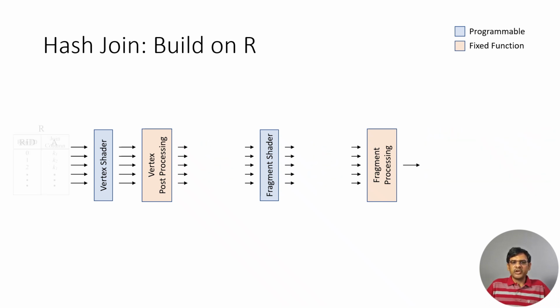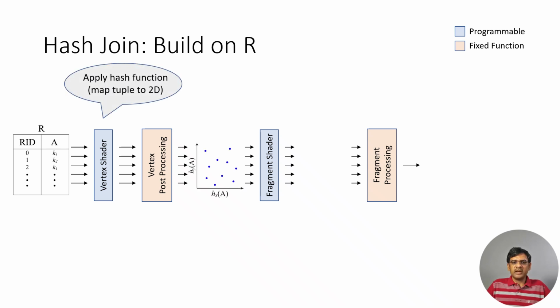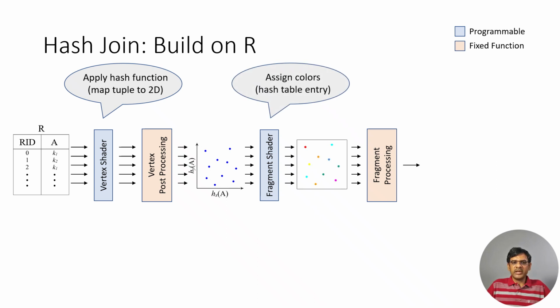We will treat the join attribute of R as a set of vertices. We will then transform these vertices in the vertex shader using the hash function. In this case, the hash function maps the attribute values to two-dimensional points. The fragments that are generated are then passed through the fragment shader, where appropriate colors are assigned to these fragments.